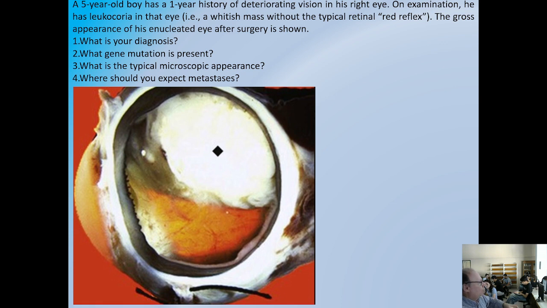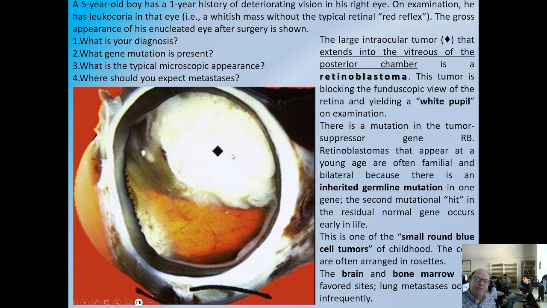The eye was surgically resected, and we make a cut through the eye and we see the tumor. So this is a very large intraocular tumor which extends into the vitreous of the posterior chamber. It is a retinoblastoma. It has grown there, that's why the pupil is white.